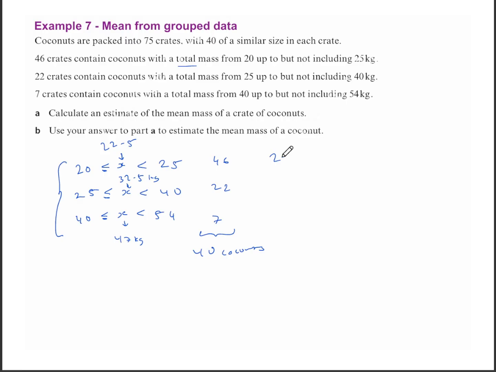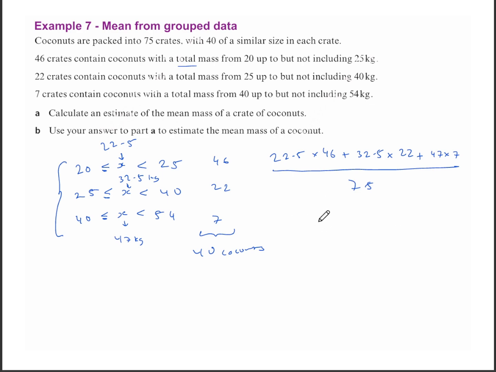So we're just going to have 22.5 kilograms multiplied by the number of crates, which is 46, plus 32.5 kilograms multiplied by 22 crates, plus 47 kilograms multiplied by 7 crates. And we're going to divide that by 75 crates, which is going to give us the estimated mean mass of 1 crate of coconuts.